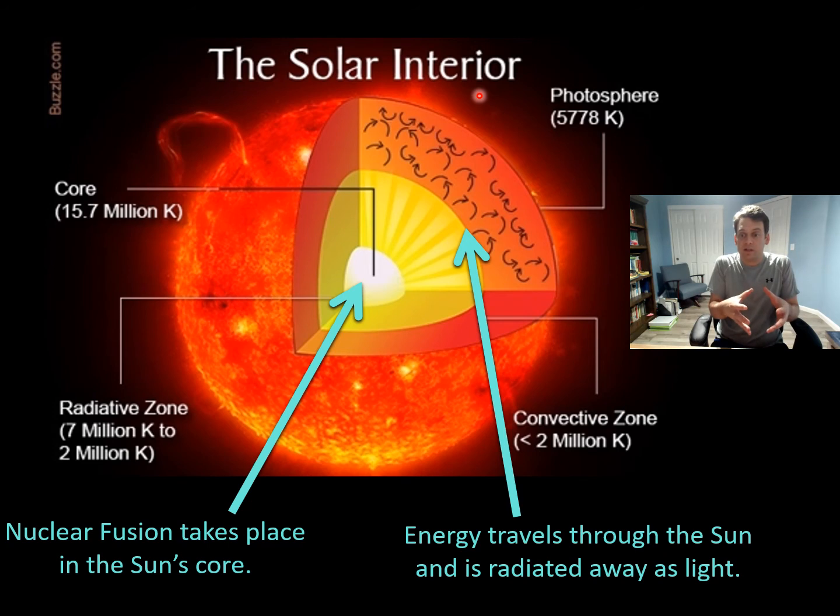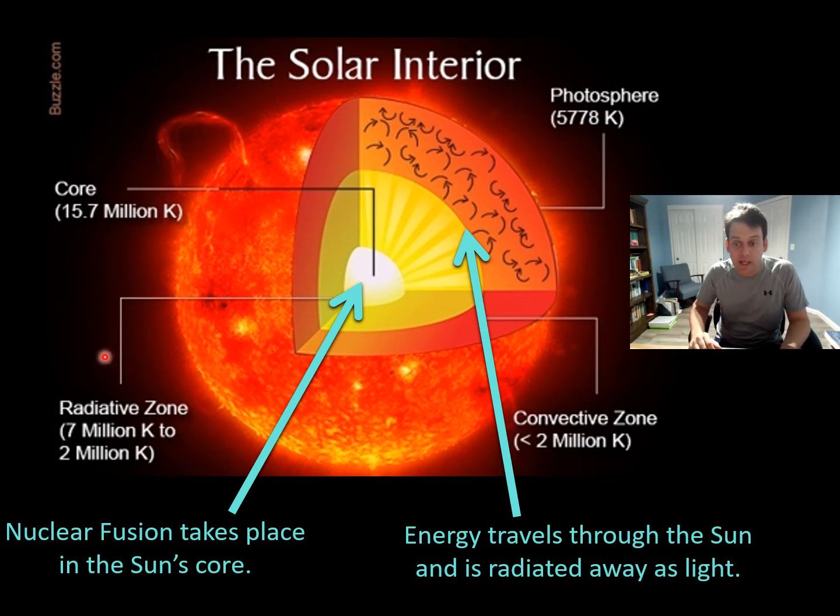That energy then starts to move out, okay? But the dominant process by which that energy moves out changes as you move through the star. So in the outer layer of the star, convection is the primary means by which energy is transported. If you go a little bit closer to the core, you enter something called the radiative zone.